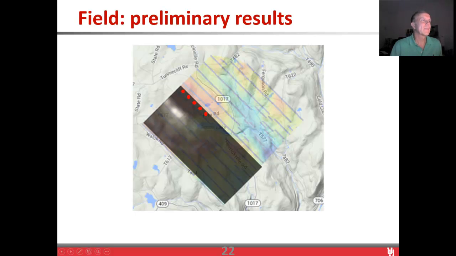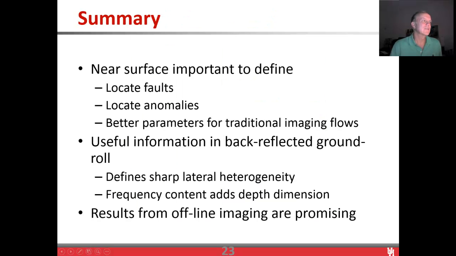And we could do that for the whole survey. I'm just showing the one overlay at this stage, and we find that in fact that does correspond to topography. So our interpretation is that this backscattered ground roll is actually being scattered from topography.